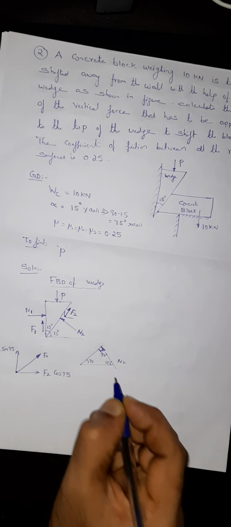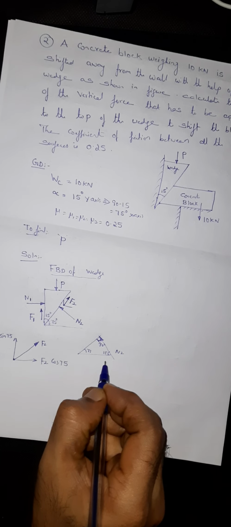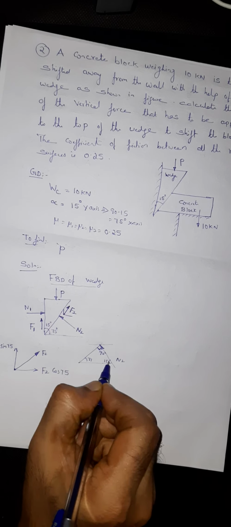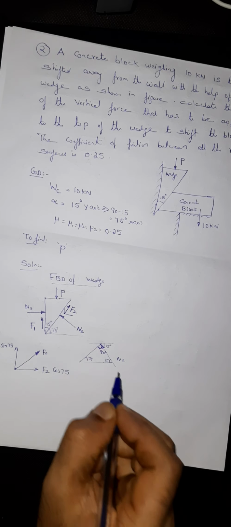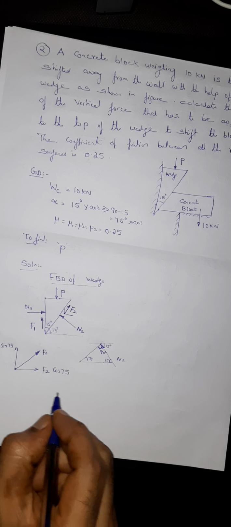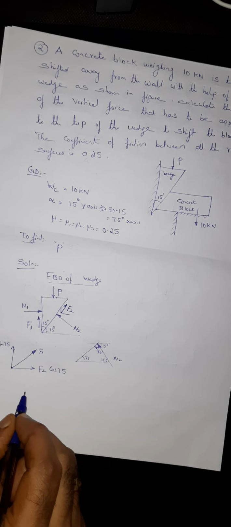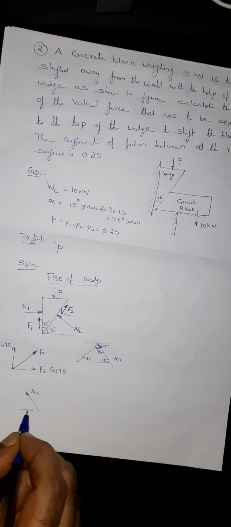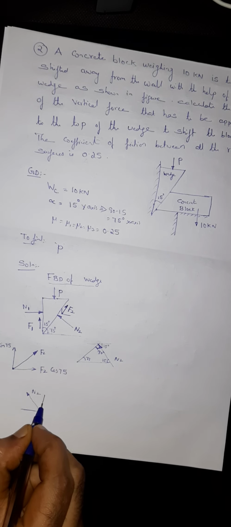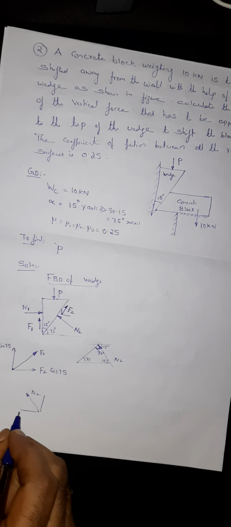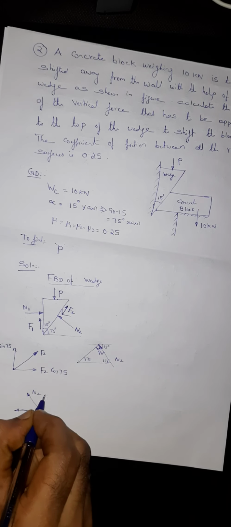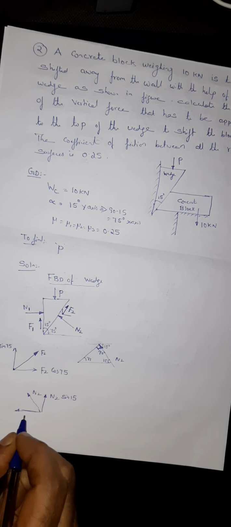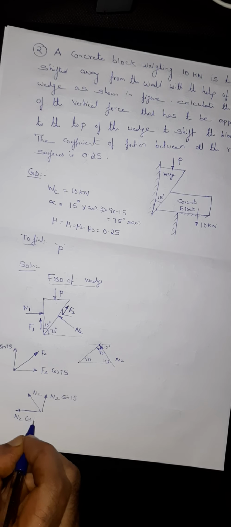Therefore, this could be 15 only, 90 minus 75, 15 degree. If you draw a parallel line to this horizontal line, the opposite angles are the same, so 15 degree. So this can be drawn in this way. This is N2. N2 sin 15, and this is N2 cos 15.